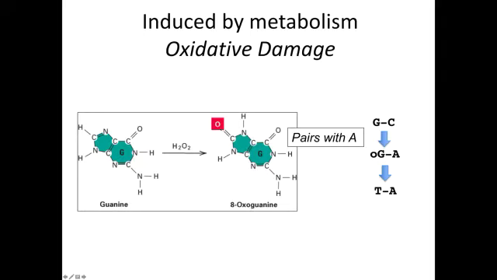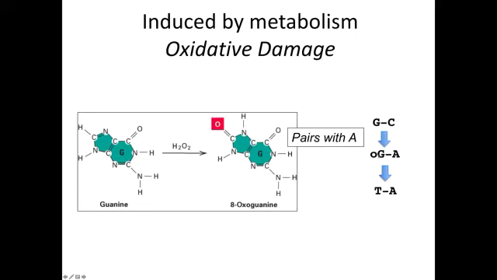Now if it gets repaired, it's okay, but if the 8-oxoguanine is maintained, so here we have a G and a C, which is a normal base pairing, and then an oxygen radical changes that G to an 8-oxoguanine. In the next round of DNA replication, if it's not repaired, an A will be matched to that instead.